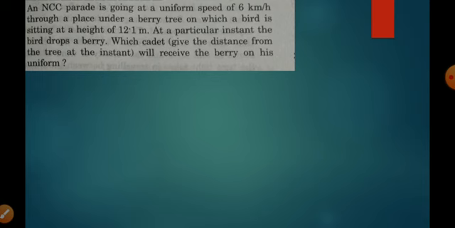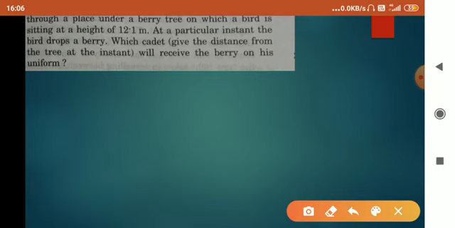At a particular instant, the bird drops a berry. At what distance from the tree will the cadet receive the berry on his uniform? So let's start to solve this problem.